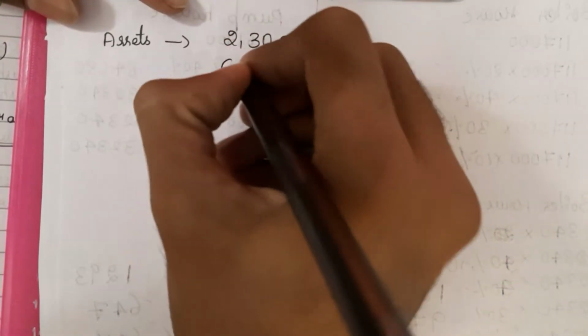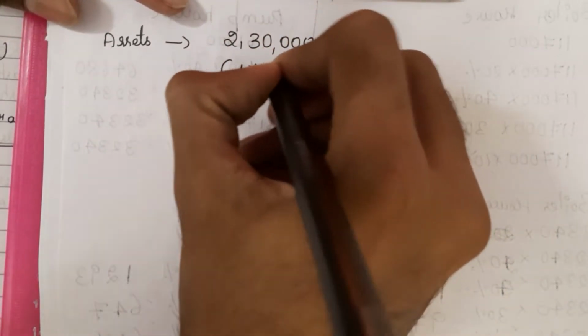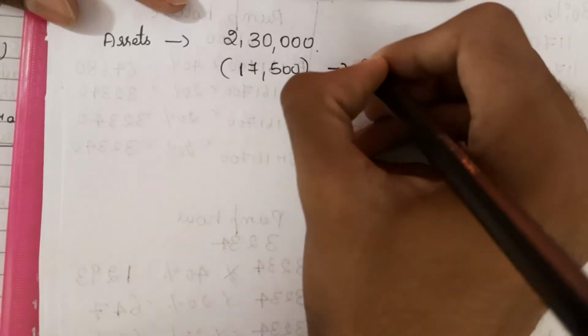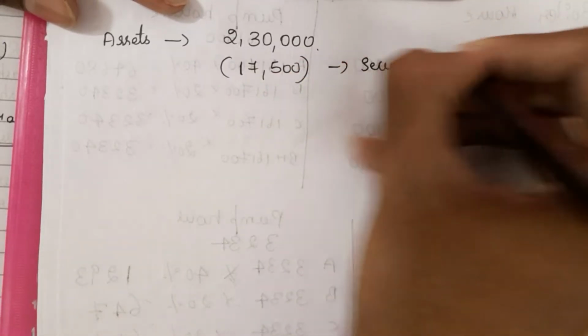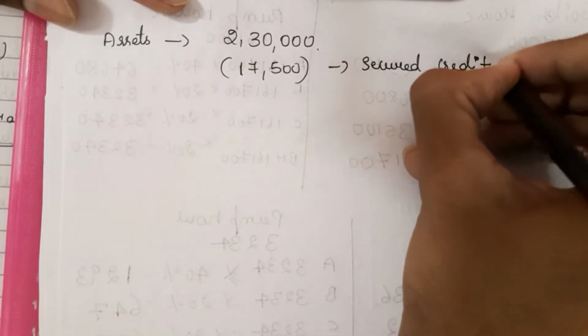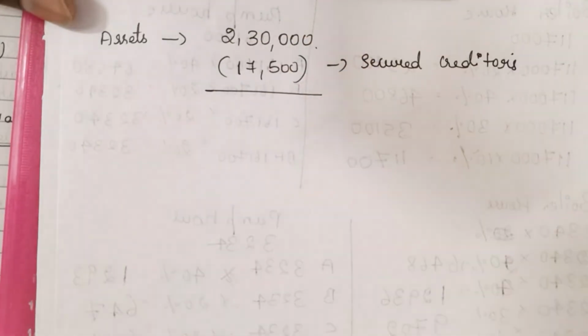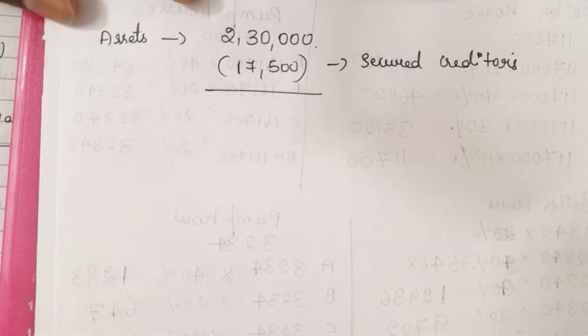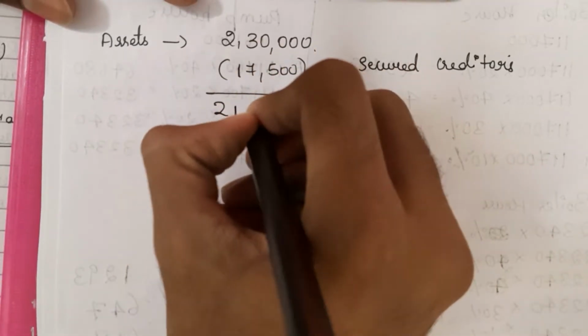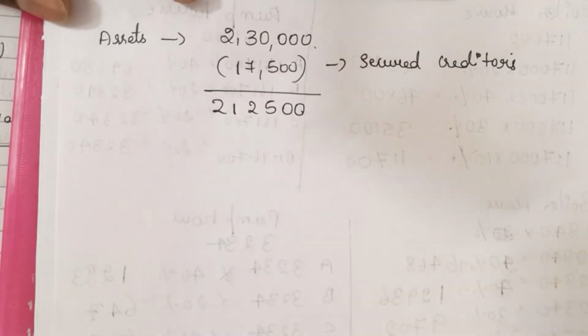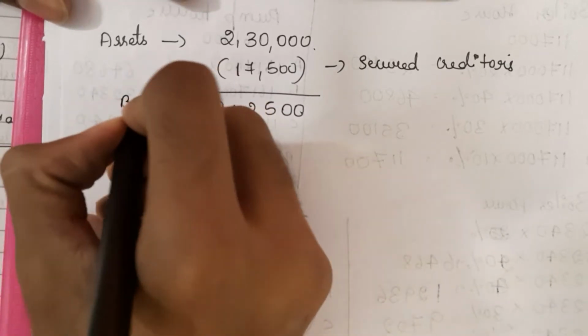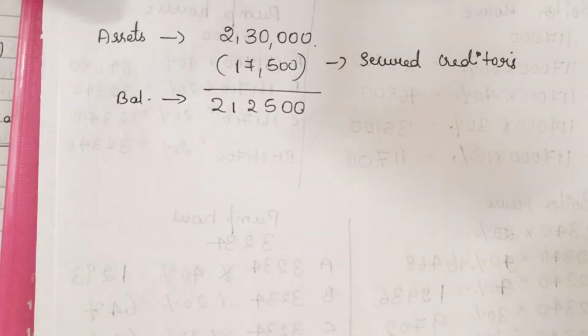So we had 2,30,000, and in that we are paying 17,500 to secured creditors. So what will be the balance? 2,30,000 minus 17,500, we will have 2,12,500 in hand. This is the balance we have after paying secured creditors.